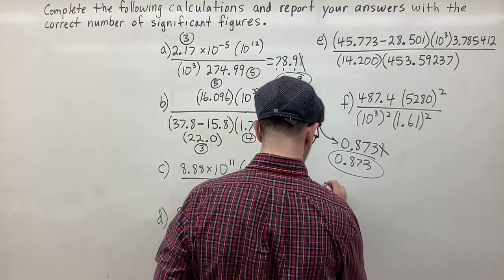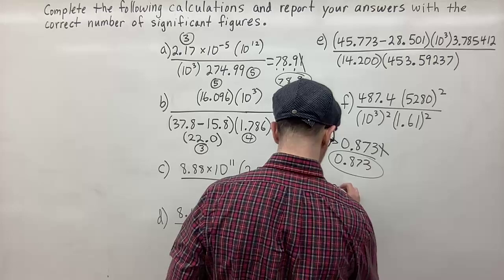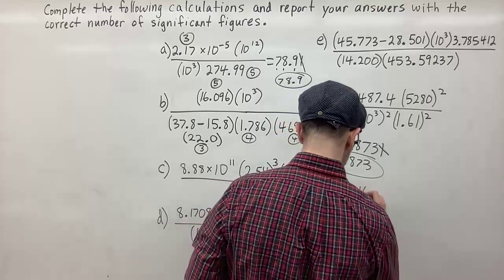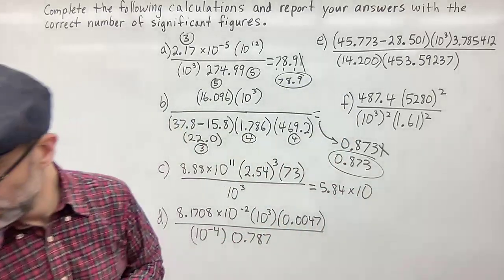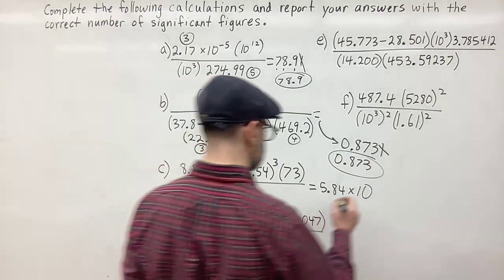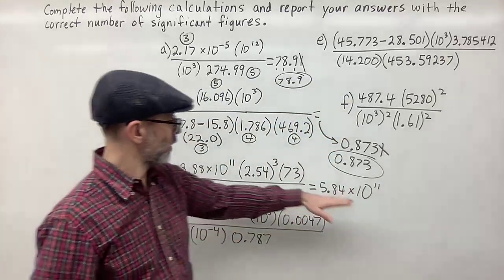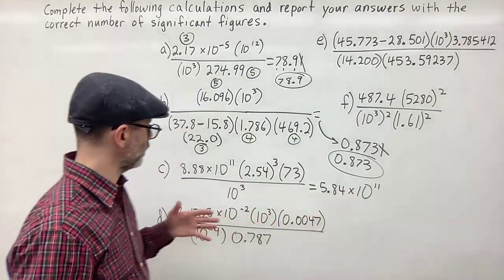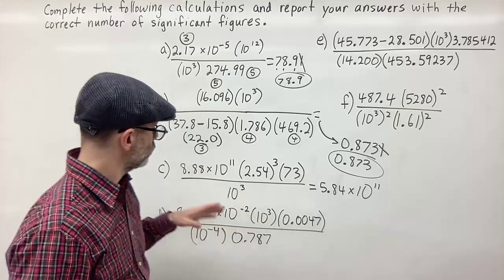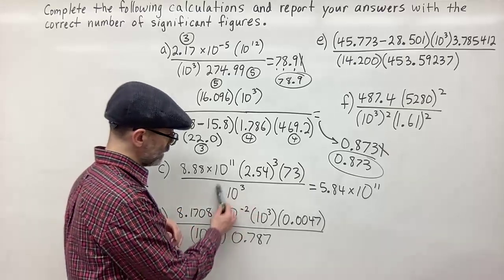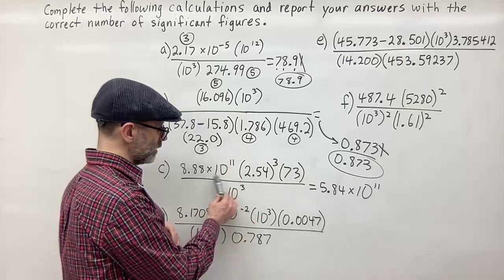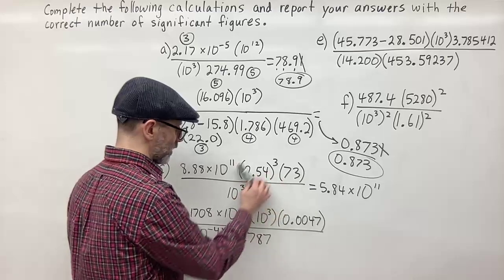5.84 times 10 to the 11. Okay, so now the question is, how many sig figs am I allowed to keep? So we said that this is exact, and this is exact.